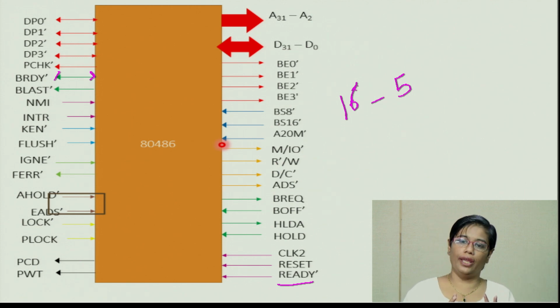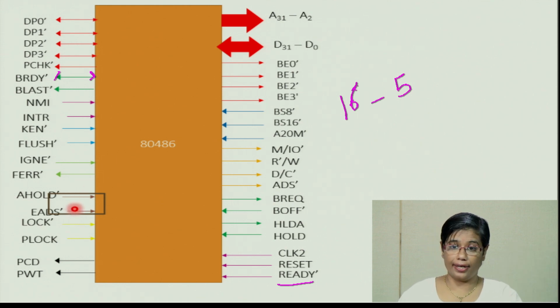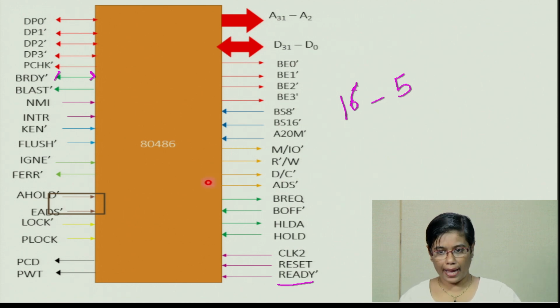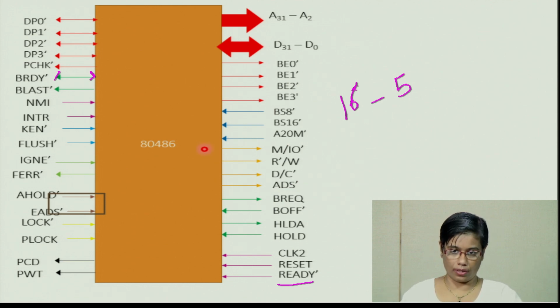We would not be looking at this in much detail. The actual working of these two signals is way beyond the scope of this course, but that is the function of these two signals. They are used during a cache invalidate cycle. If the cache invalidate cycle is not done by 80486, but is rather done by an external processor, then these two signals are going to be used.